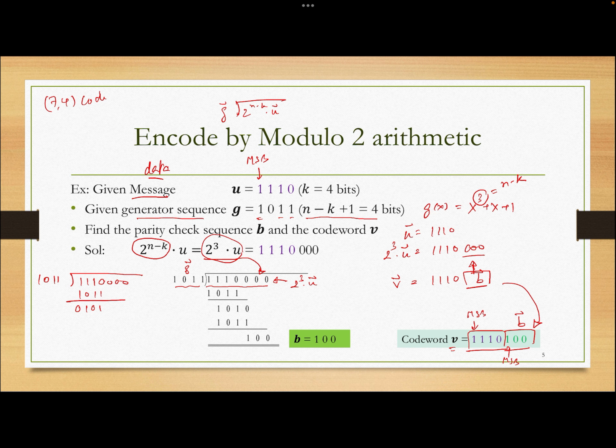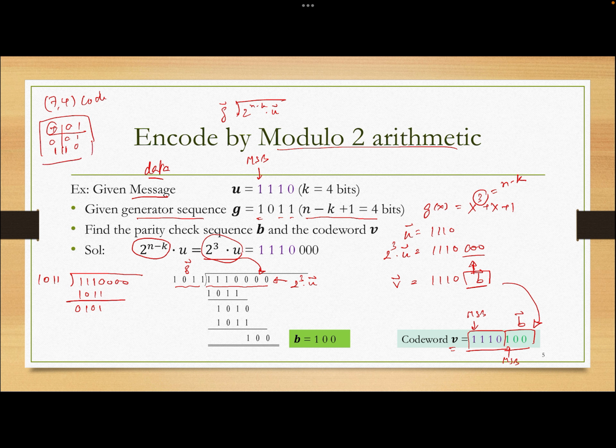Usually you will subtract, right? The upper line minus the lower line, but in this case it's modulo 2 arithmetic, as I showed you before. In modulo 2, 1 minus 1 equals 0, and 1 plus 1 is also equal to 0. So in modulo 2 arithmetic you can always just add them, using this operation table.